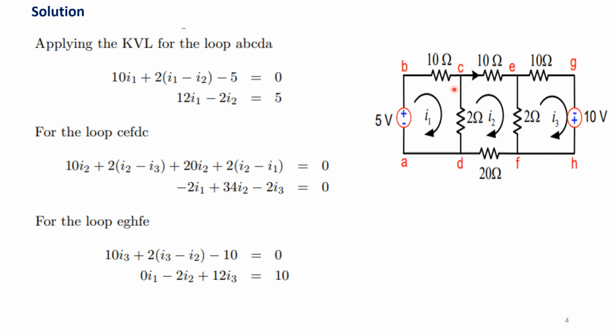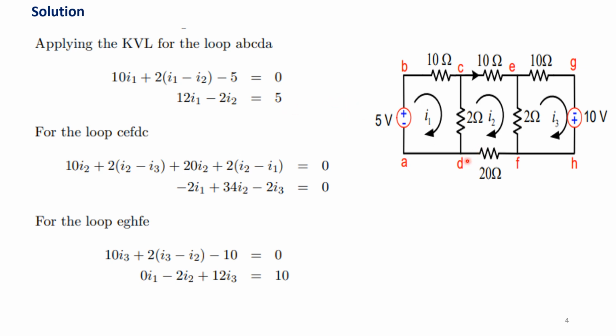I am following the path A, B, C, D, A, so I1 is positive compared to I2. So I am writing 2 into (I1 minus I2), and minus 5 volt, which is equal to 0. If you simplify that, I have the equation 12I1 minus 2I2 equals 5. This is my first equation.